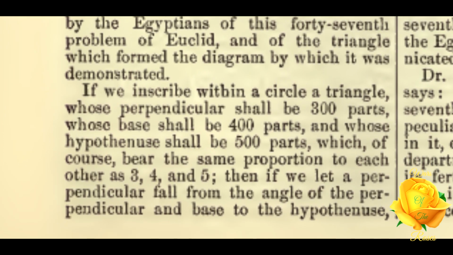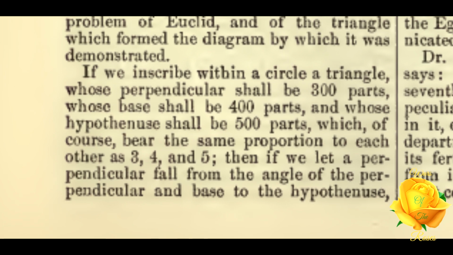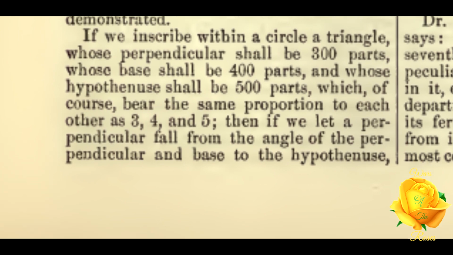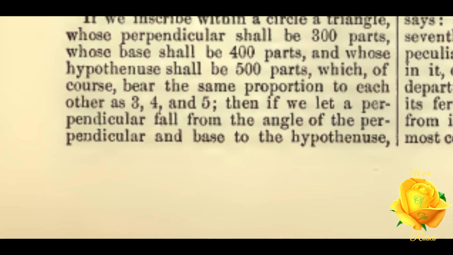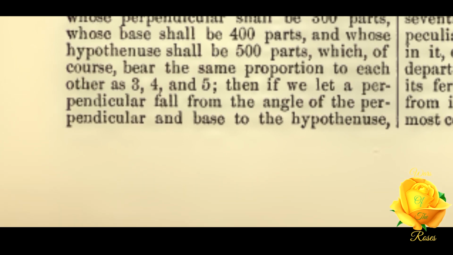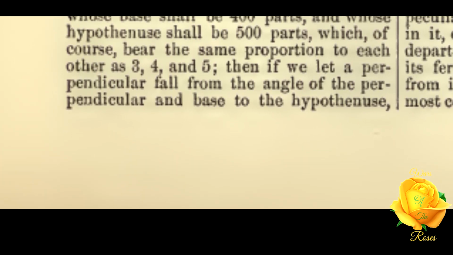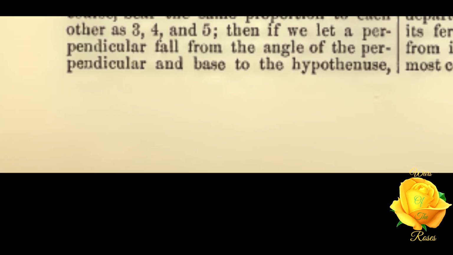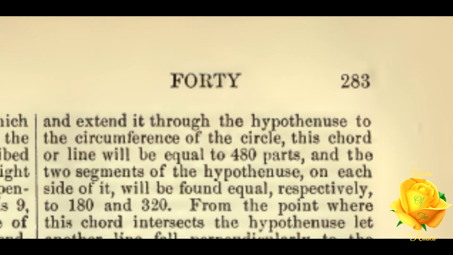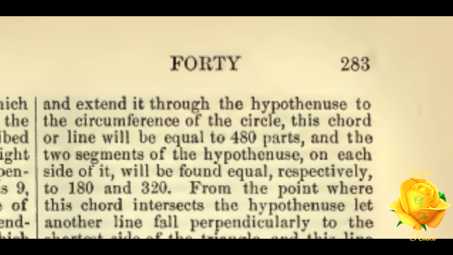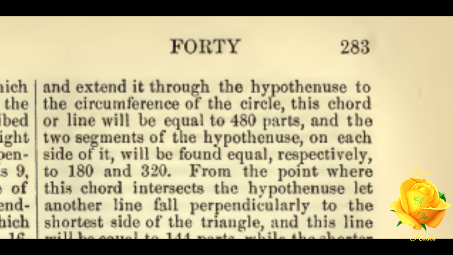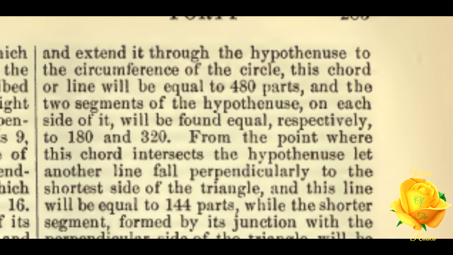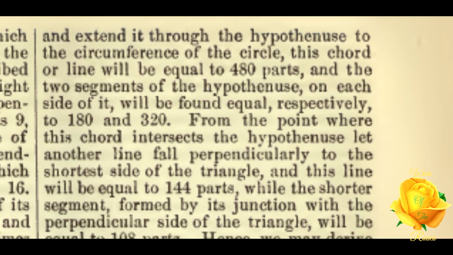If we inscribe within a circle a triangle, whose perpendicular shall be 300 parts, whose base shall be 400 parts, and whose hypotenuse shall be 500 parts, which, of course, bear the same proportion to each other as 3, 4, and 5, then if we let a perpendicular fall from the angle of the perpendicular and base to the hypotenuse, and extend it through the hypotenuse to the circumference of the circle, this chord or line will be equal to 480 parts, and the two segments of the hypotenuse on each side of it will be found equal, respectively, to 180 and 320.